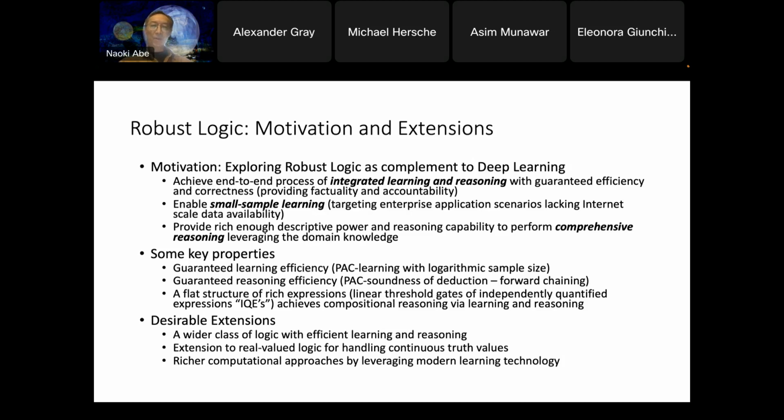Some desirable extensions, some of which we have started, include a wider class of logic with efficient learning and reasoning, extension to real valued logic, and leveraging some of the modern learning technology to allow richer computational approaches within this framework.